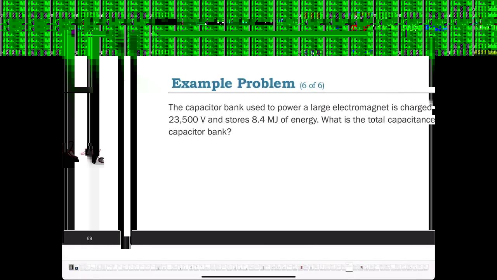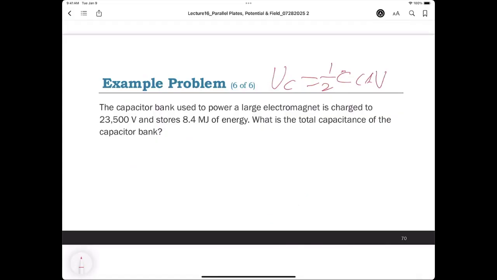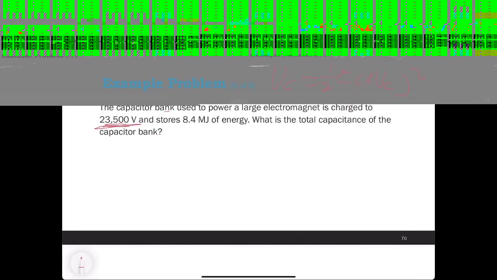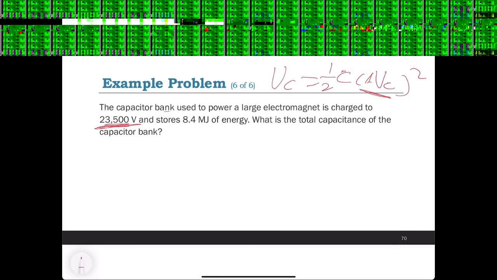Actually, we can use this equation. I just write it down here: U_C equals half C delta V_C squared. Because you can see the capacitor bank is used to power this one, the potential difference is this one.